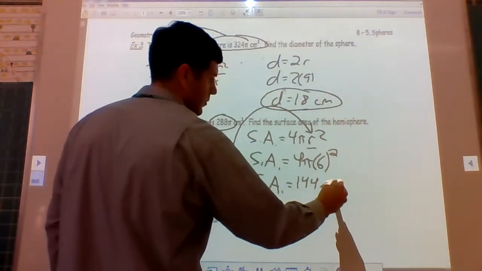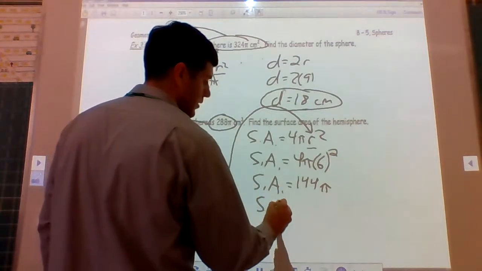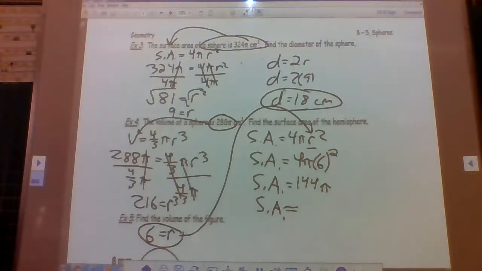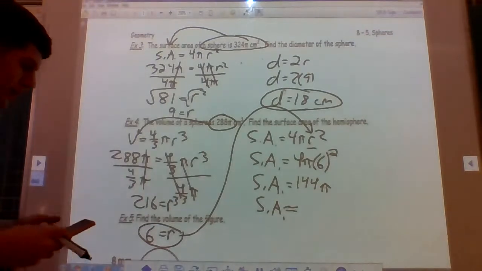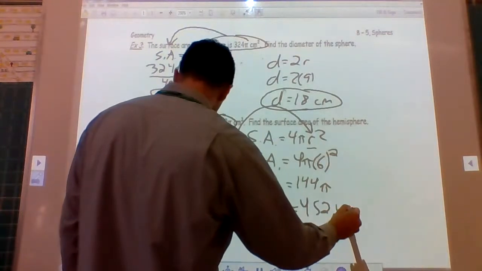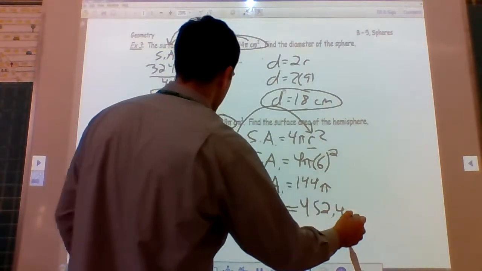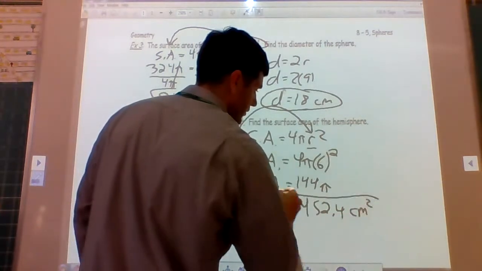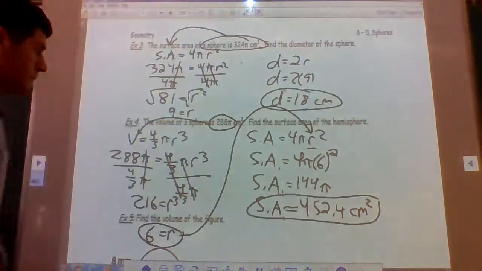It's our best answer, but we can find an approximate answer by multiplying that out if we would like to. So times pi, it's going to give us approximately 452.4 centimeters squared, because it's surface area, so it's squared.